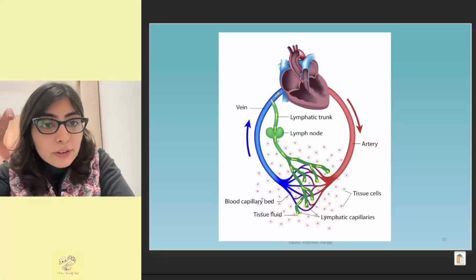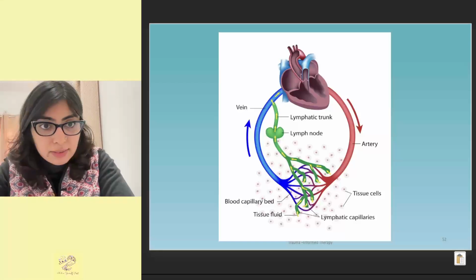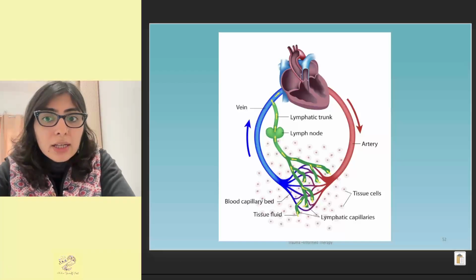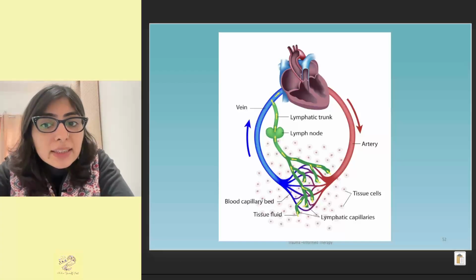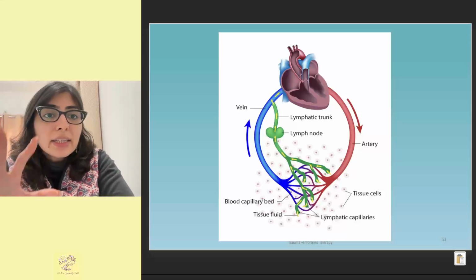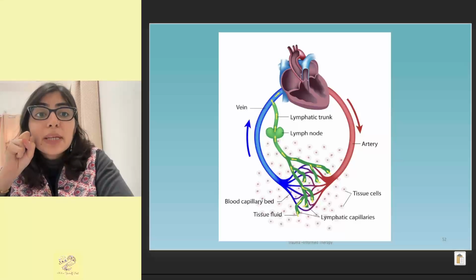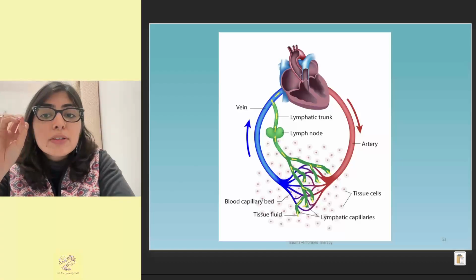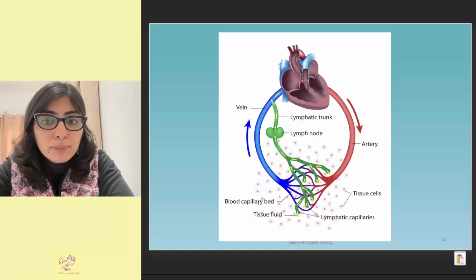There is some part of the blood that stays in the tissue, which is called tissue fluid. Now, this lymphatic system, this green pipe, would come into action and absorb the remaining waste tissue fluid that was left by this blue part.